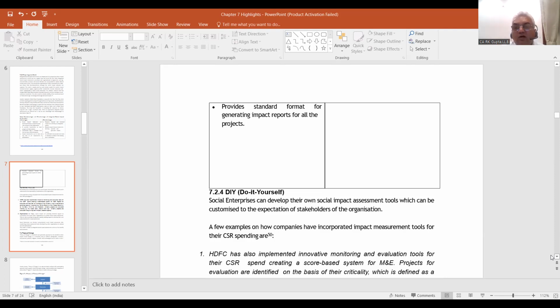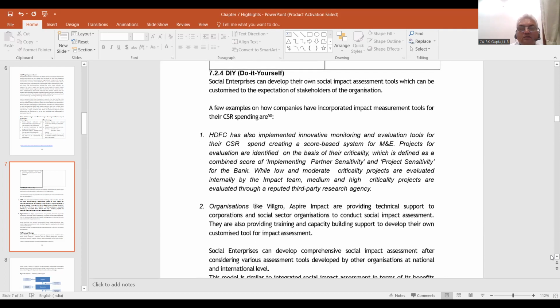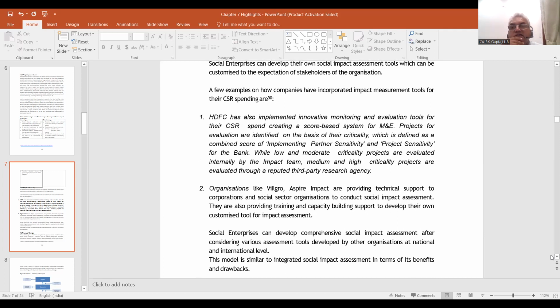A few examples on how companies have incorporated impact measurement tools for their CSR expenditure are, so these are some of the examples where these impact measurement tools have been inbuilt or incorporated by the companies for their CSR spending. So these are the examples. HDFC has also implemented innovative monitoring and evaluation tools for their CSR spend, creating a score-based system for M&E.